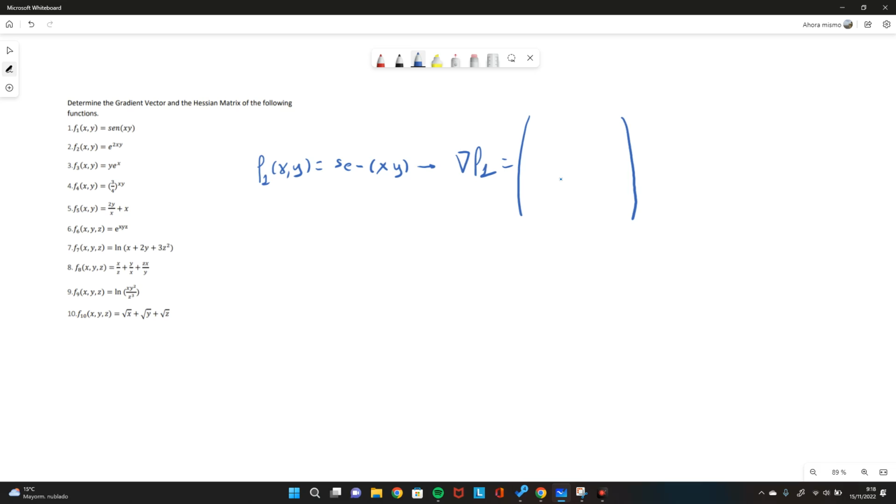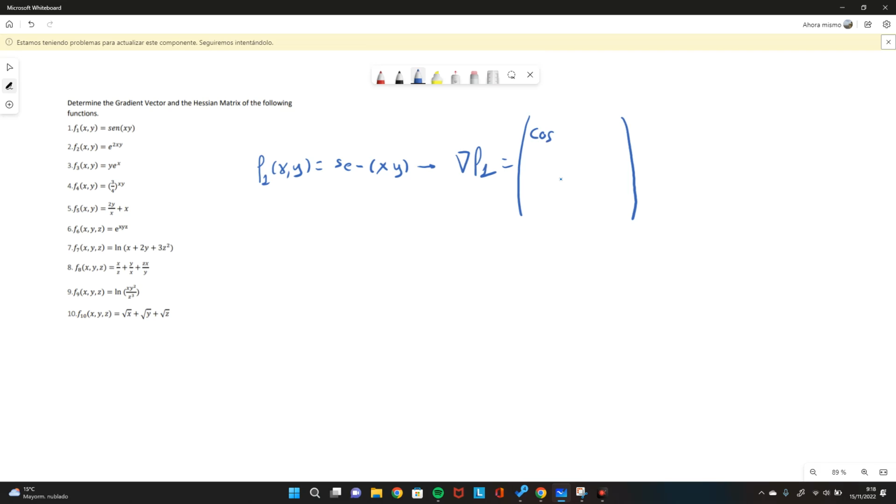What we have here is the cosine of xy times the derivative of whatever is inside. When we perform the derivation with respect to x, what we have is y, and when we do it the other way around, what we have is x. This is it in both cases.